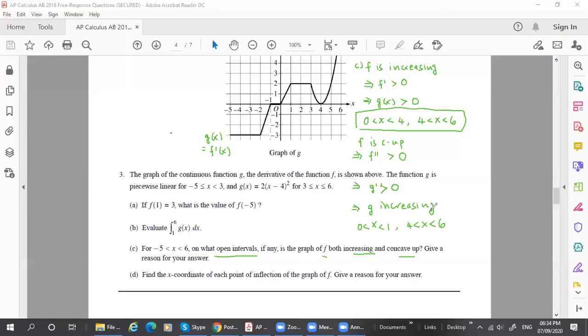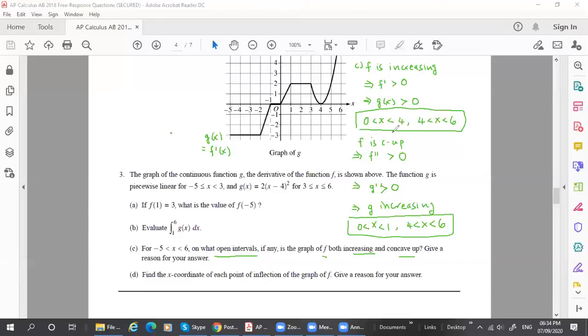Then in that case, f is increasing and concave up on the interval from 0 to 1 and from 4 to 6. So basically we are looking at this interval here.